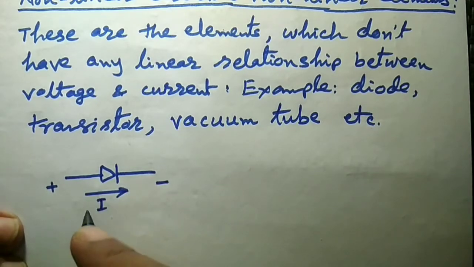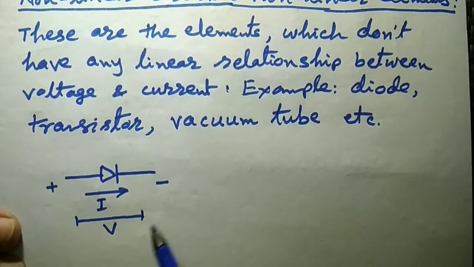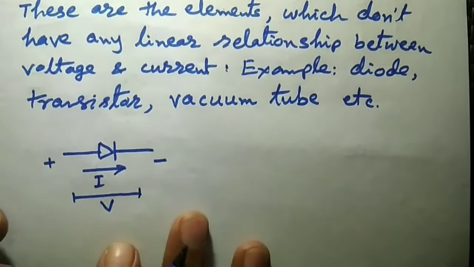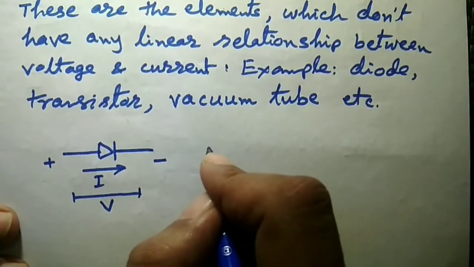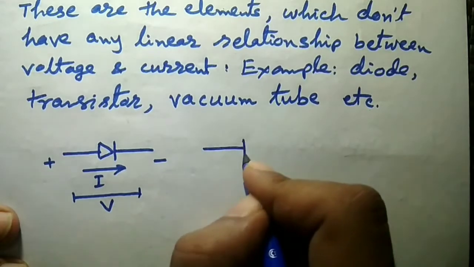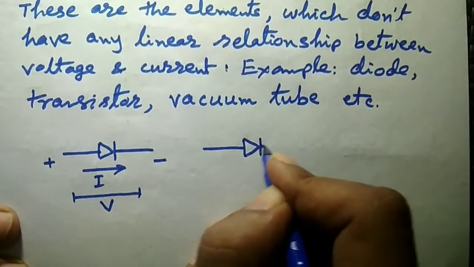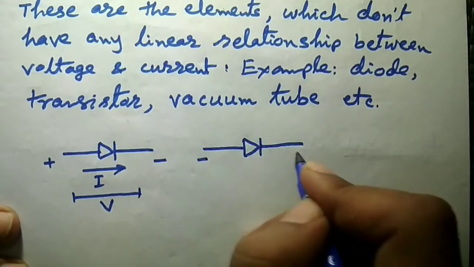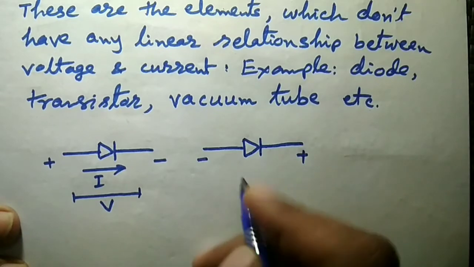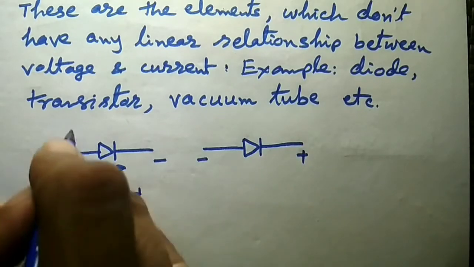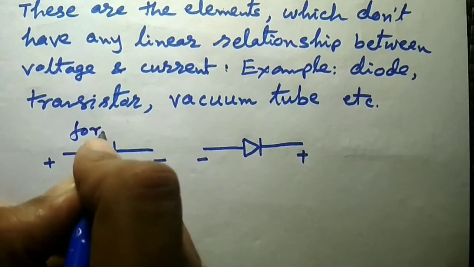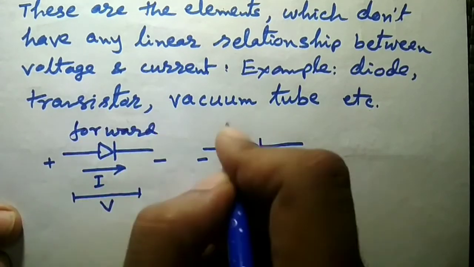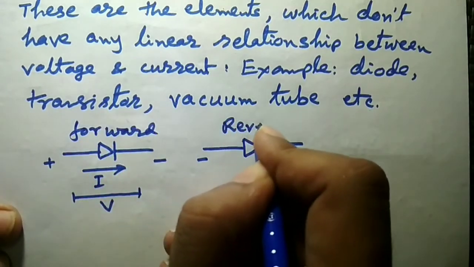Let's say I is the current flowing through the diode and the voltage across the diode is V. Similarly, if we connect the diode in reverse bias, then the polarity across the diode will be changed. So this is the diode in reverse bias. So this is the forward biased and this is the reverse biased.